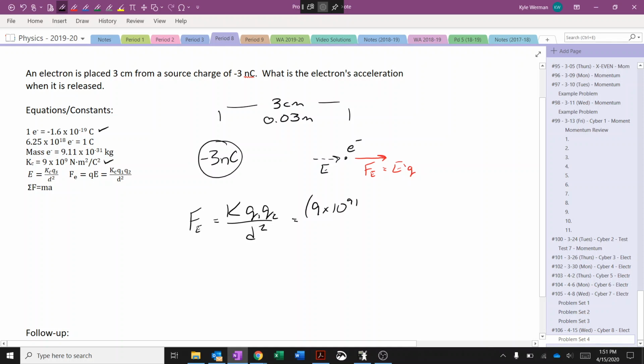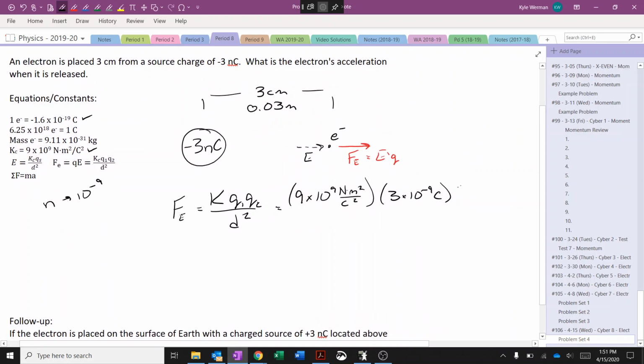The units for K are newtons meters squared per coulomb squared. 3 nanocoulombs, well, nano is 10 to the -9. So to convert from nanocoulombs to coulombs, I can replace the n with 10 to the -9, and now I'm in coulombs, which is what I want. An electron is 1.6 times 10 to the -19 coulombs.